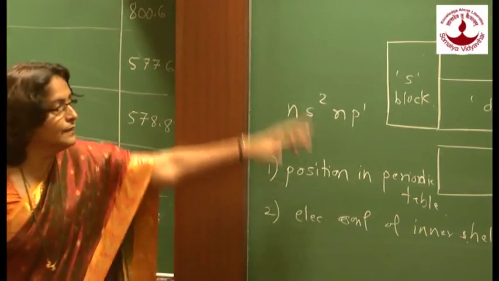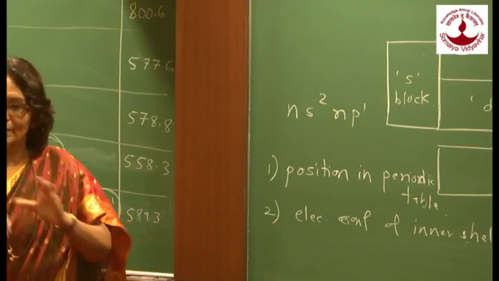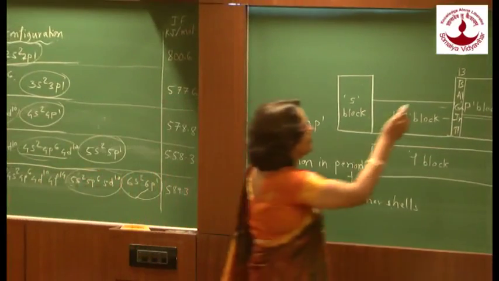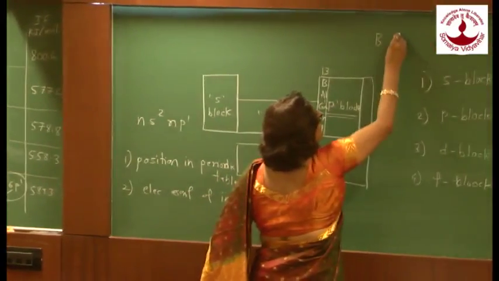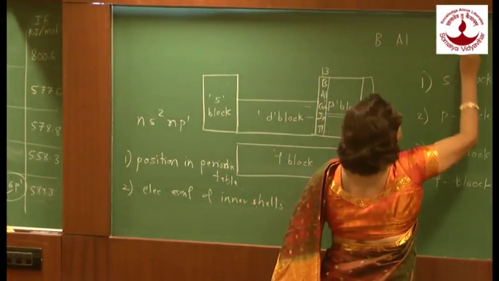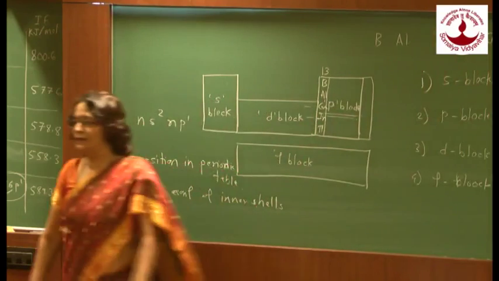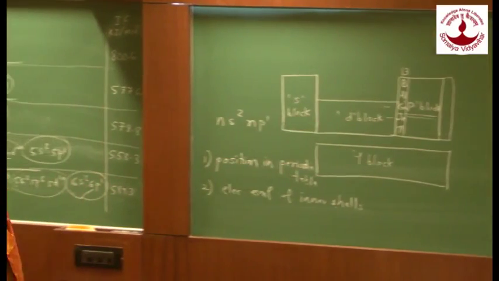As a result, these group 13 elements can be divided into two types: one consisting of boron and aluminium, and gallium, indium and thallium on the other side.